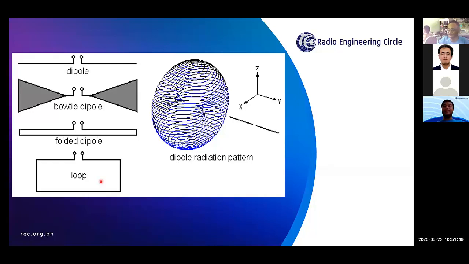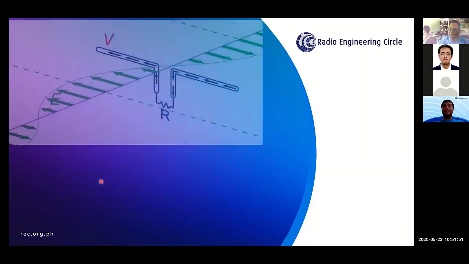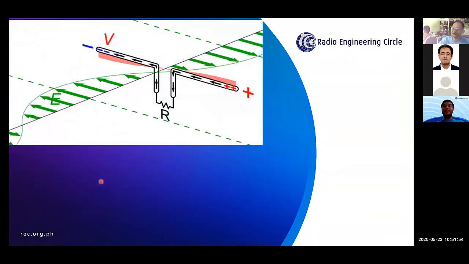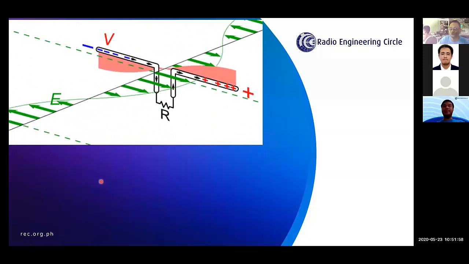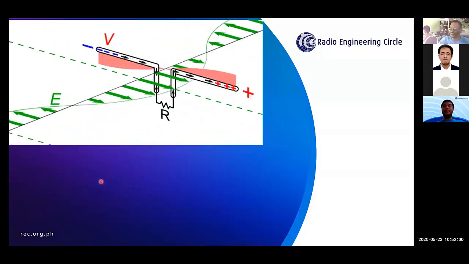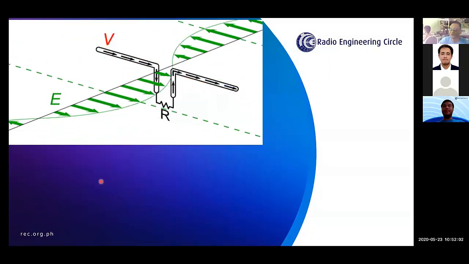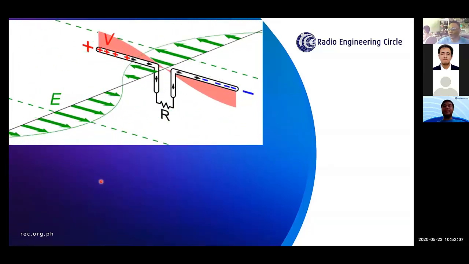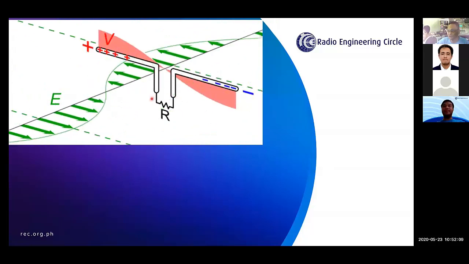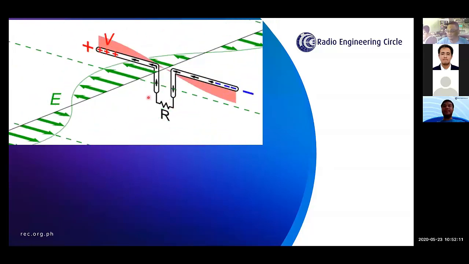Yan. Sa isang antena, ganyan ang takbo ng radiation niya. Okay? At least nabibigay nyo ngayon. Okay? Kung paano tumatakbo. Yung R is your coax feed line.